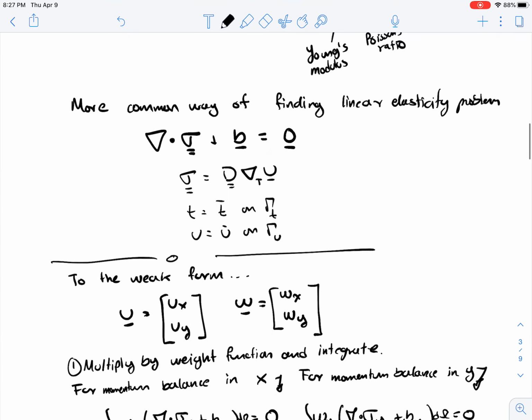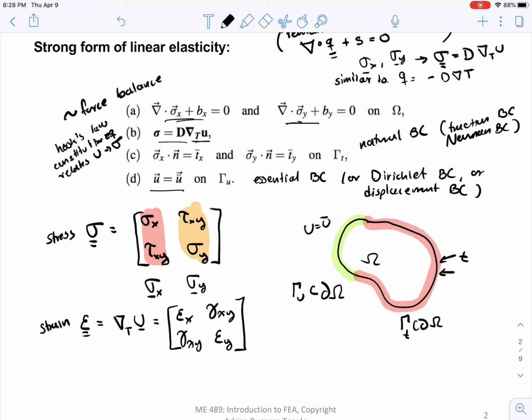But to recap, we have the strong form of linear elasticity, which looks like the heat transfer problem, with the difference being that we have sort of two problems at the same time, because we have displacements which have x and y components, and we have forces, or tractions, which have x and y components. So you can think of the linear elasticity problem as the combination of two problems: the momentum balance in x, and the momentum balance in y.